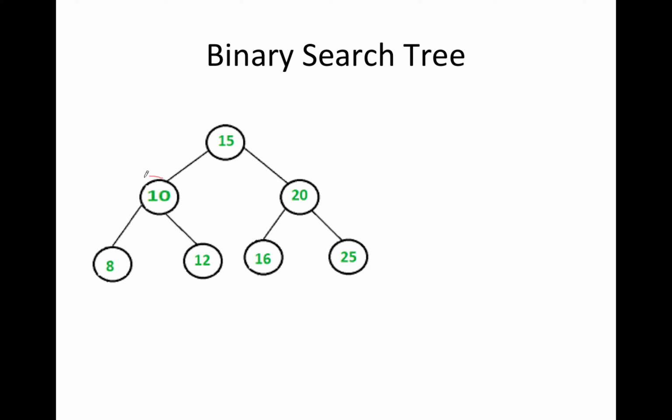Going down again, here 10 is the parent node. The value to the left is 8, which is smaller than 10, while the value to the right is greater than 10, which is 12.